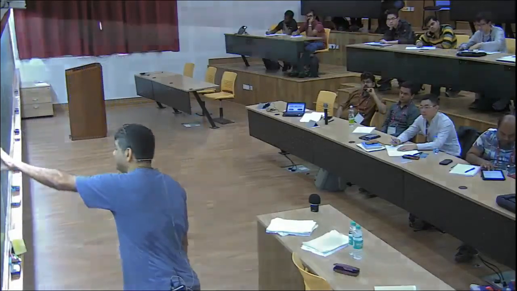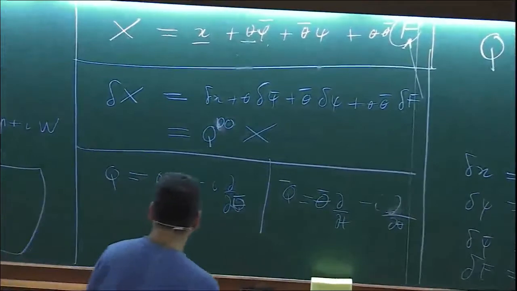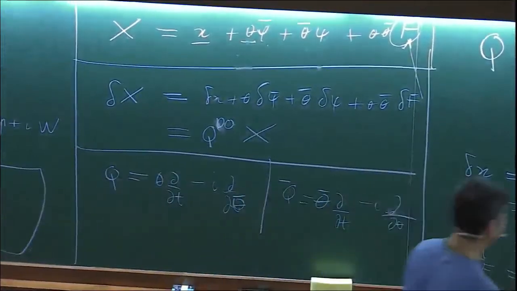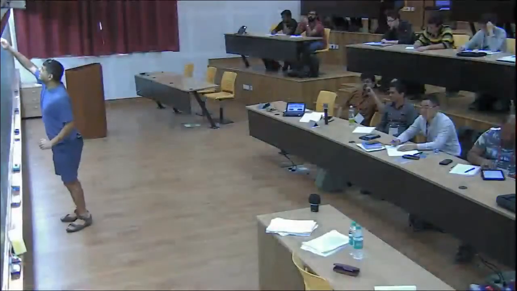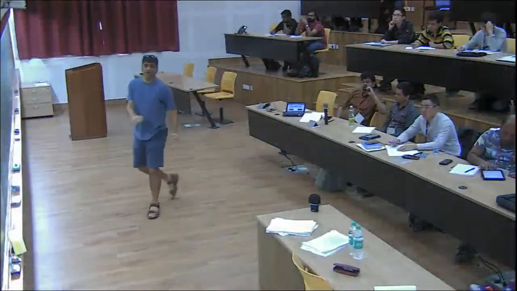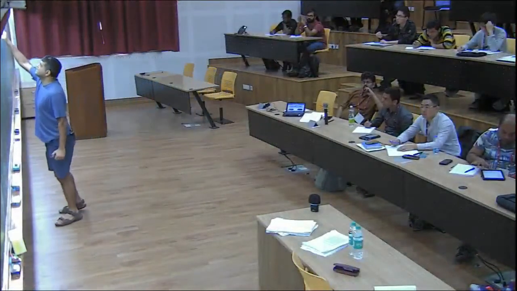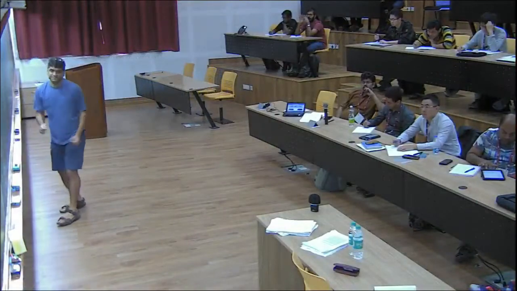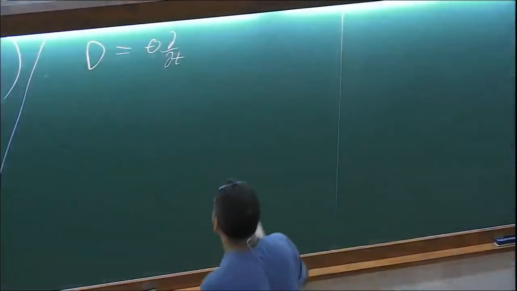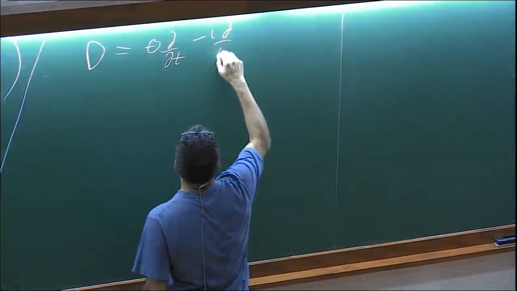See, this Q operator, which was defined in this way, associated with the Q operator, I'm going to define an operator which I call D, which is theta del by del t minus i del by del theta bar.